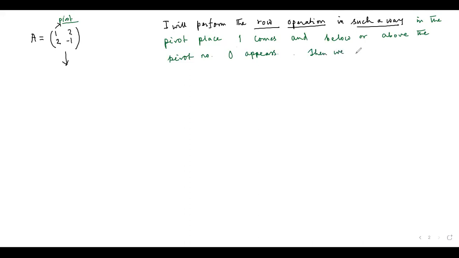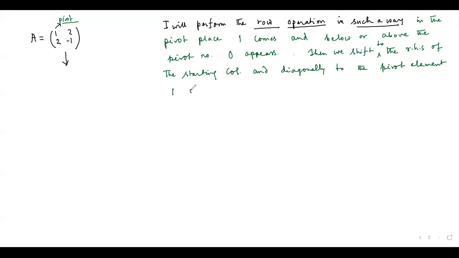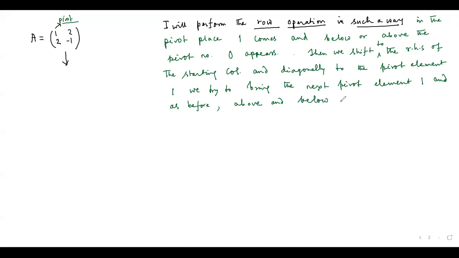Then we shift to the right-hand side column of the starting column, and diagonally to the pivot element 1, we try to bring the next pivot element 1, and as before, above and below this we try to bring 0.